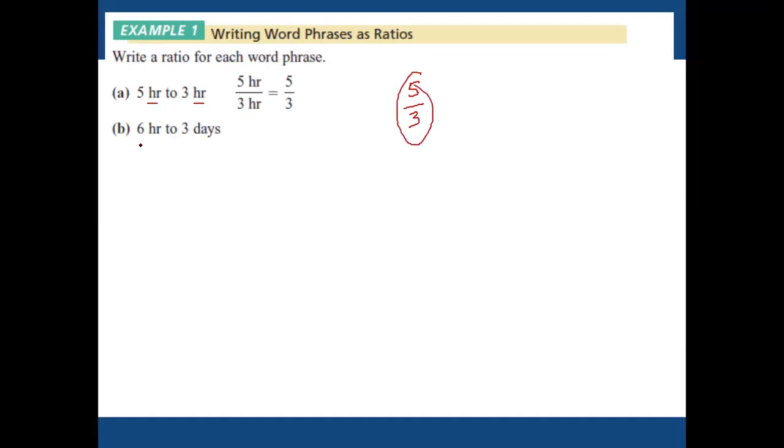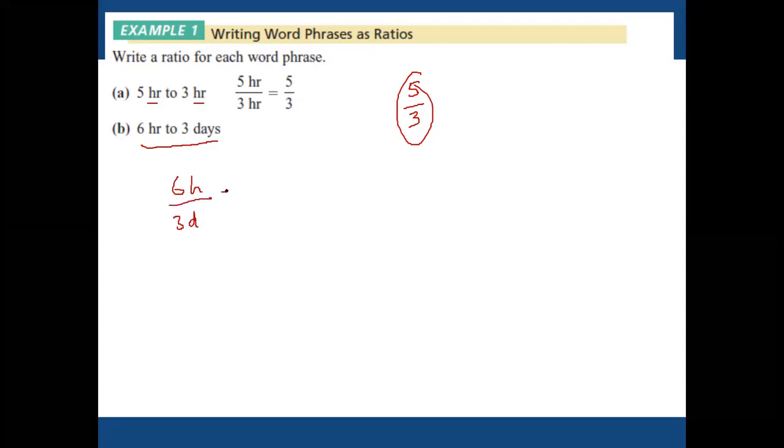But in the second case, you can see 6 hours to 3 days. So their units are not the same. One is hours, the second is days. So you need to convert days into hours, or hours into days. If we write 6 hours divided by 3 days, first you need to convert 3 days into hours.